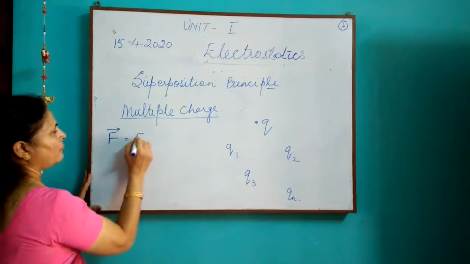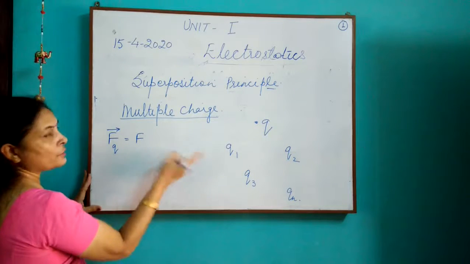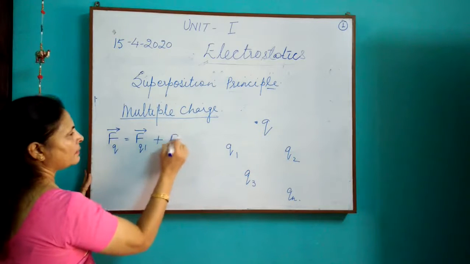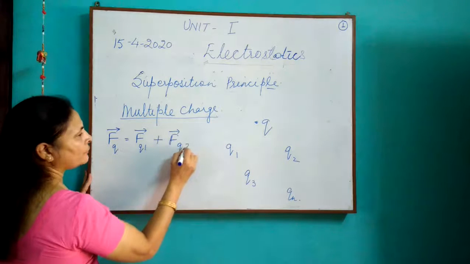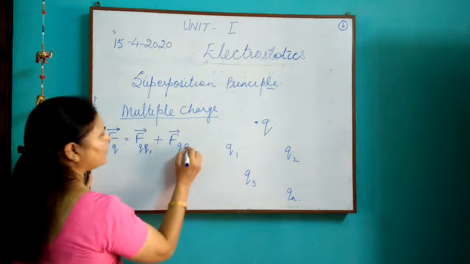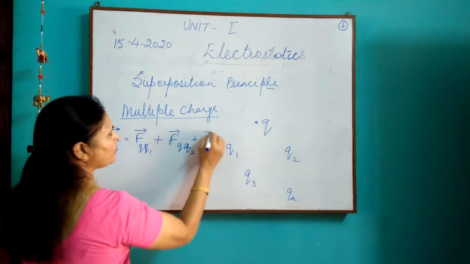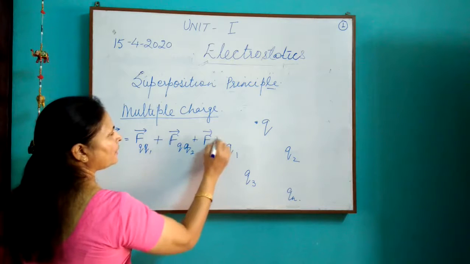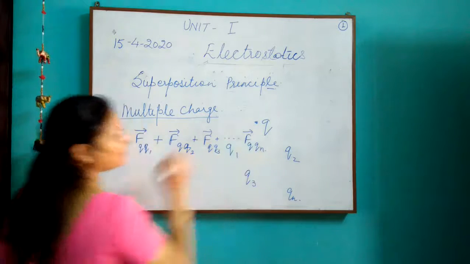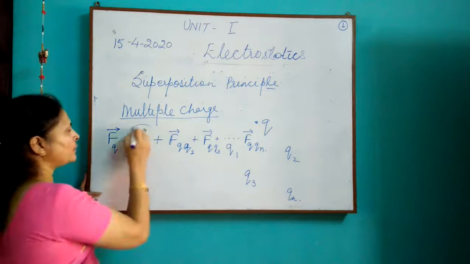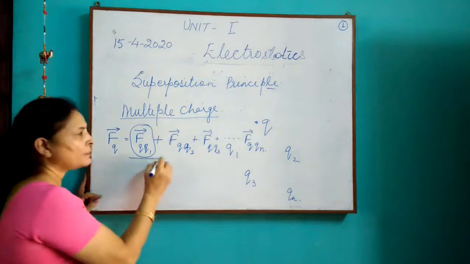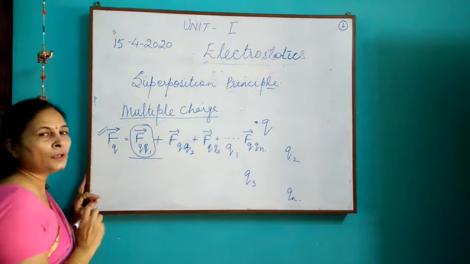It will be the force on charge Q because of charge 1, plus the force on charge Q because of 2, plus the force on charge Q because of Q3, and so on up to the force on charge Q due to charge Qn. And these forces you already know how to calculate. Clear? So in this way, the superposition principle can be used.